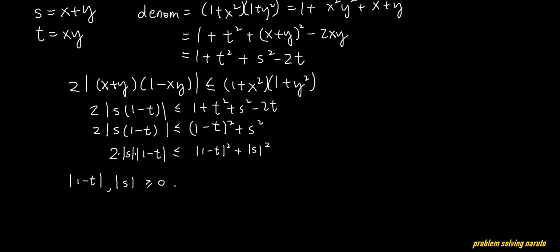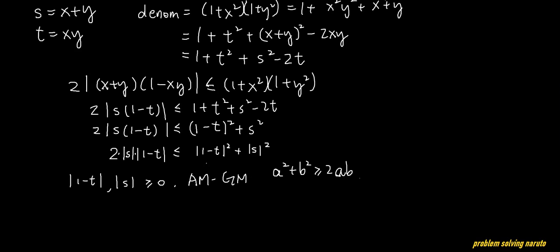AM-GM gives us this inequality. AM-GM says a squared plus b squared is at least 2ab.